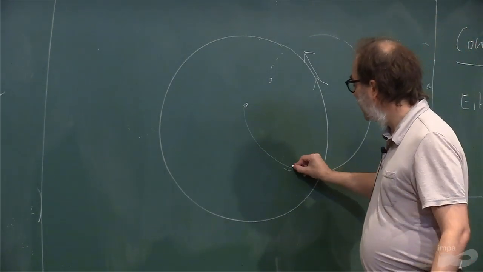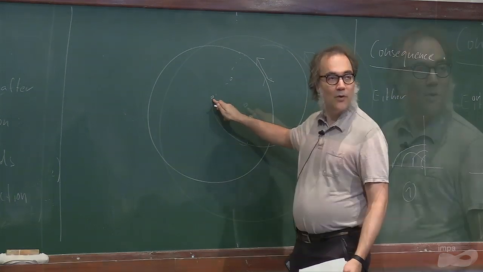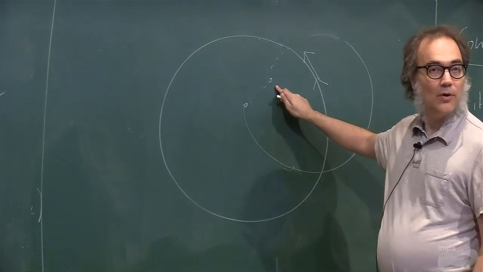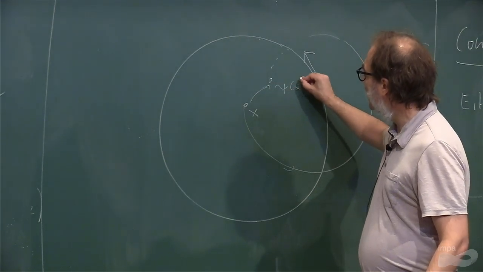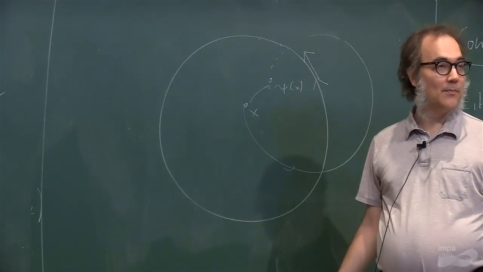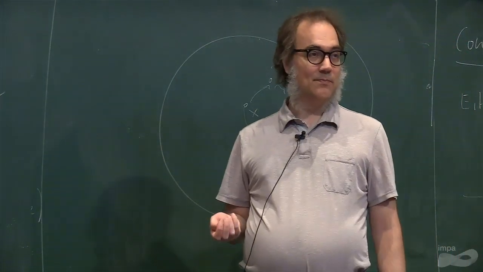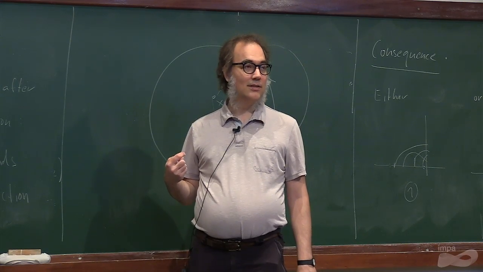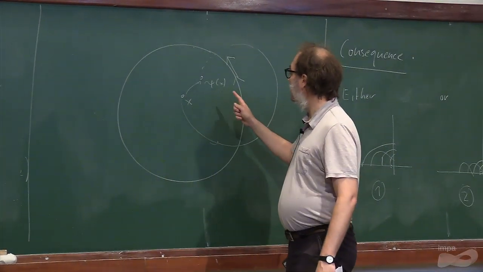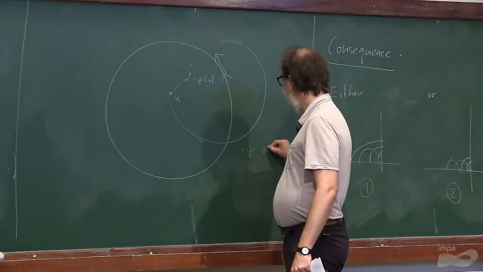And then we start with a point and we go to the next return point. So we have x here, and this is the Poincaré return map. And everything is symplectic. In symplectic geometry, there's no friction. So that means this Poincaré return map is area preserving. So psi is area preserving.